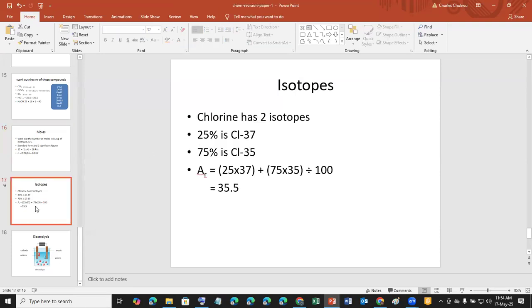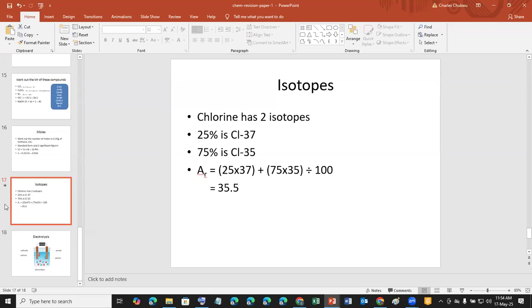I think this is how they got the 35.5 for chlorine. When you have isotopes and we're considering them, you have to look at it this way. Remember, isotopes are the same element but with a different number of neutrons. That's what gives the possibility that the atomic mass for the same element can be different for the isotopes.